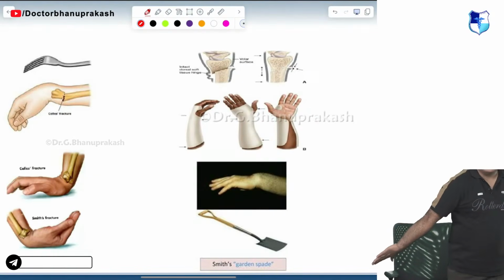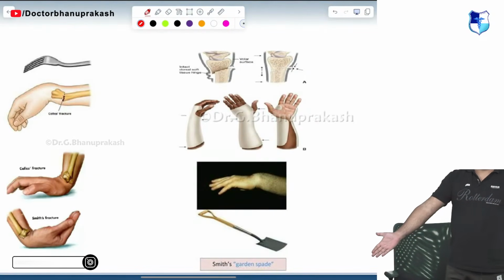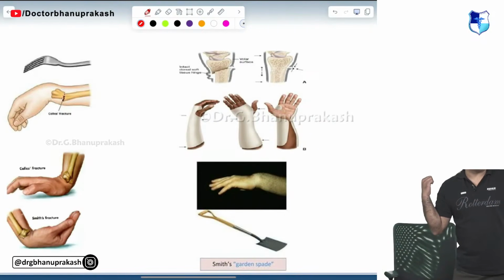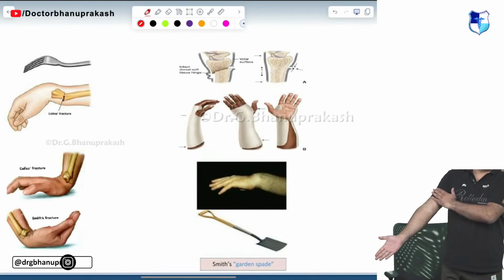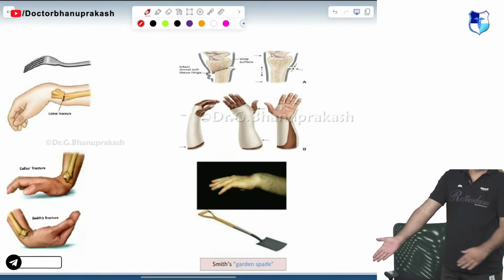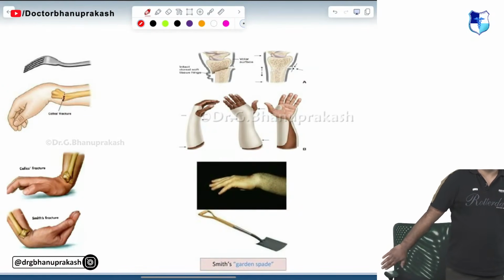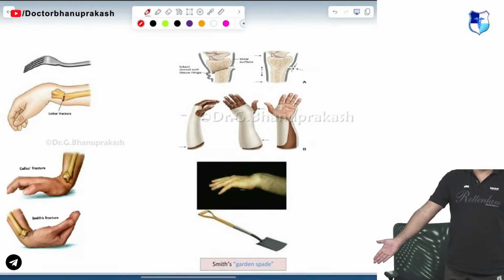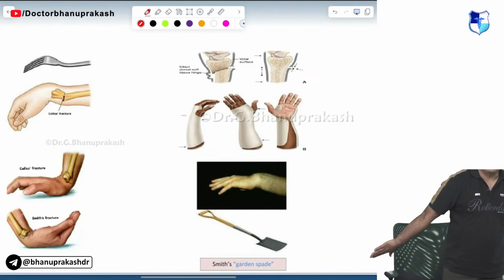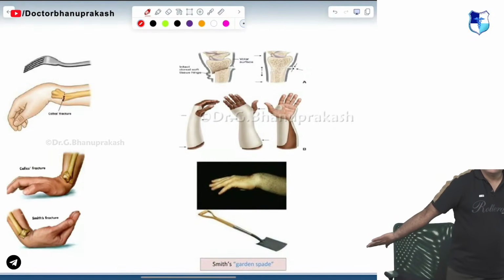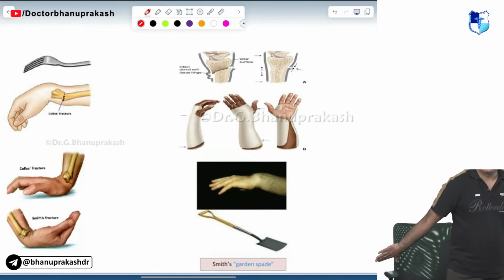Anterior is also called ventral, also called volar, also called flexor surface. If this is anterior, this is posterior; if this is ventral or volar, this is dorsal; if this is flexor, this is extensor.